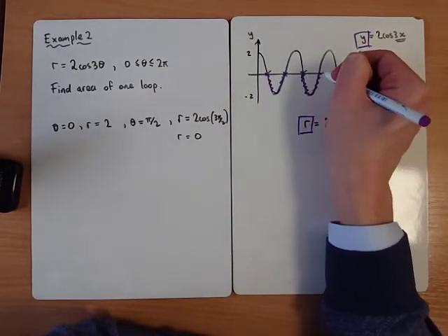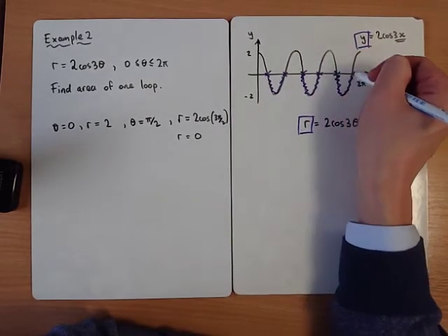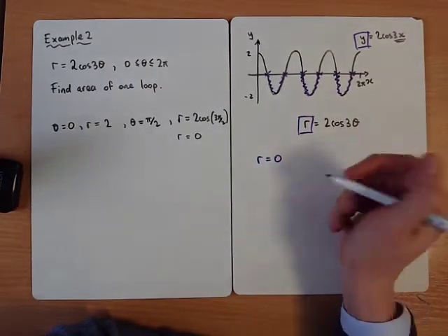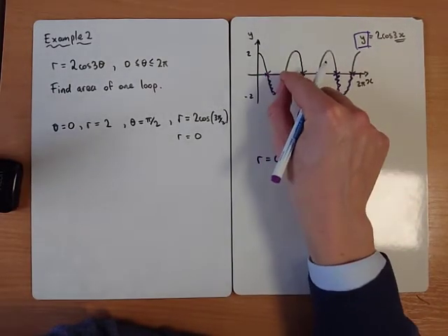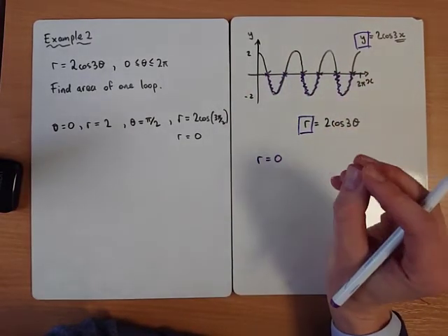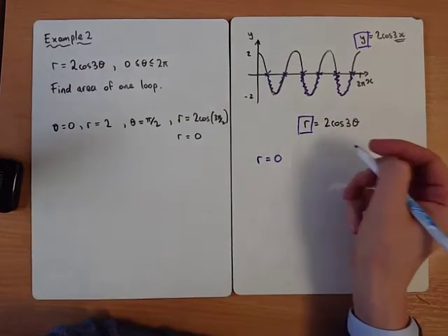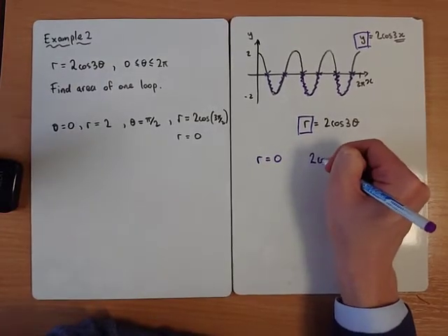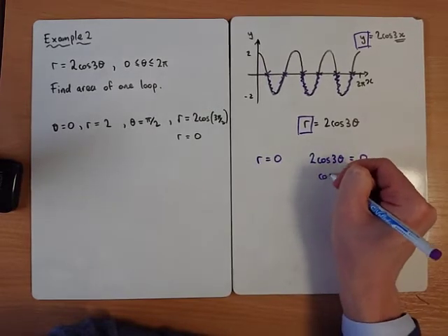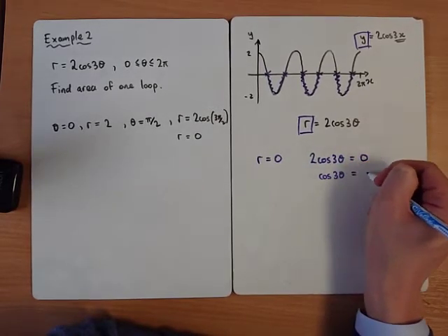A nice place to start is to think about when does r equal 0? Because when r is equal to 0, that's when the curve is back at the origin, or back at the pole. So if I sub in r equals 0, I've got 2 cos 3 theta equals 0, so cos 3 theta equals 0.